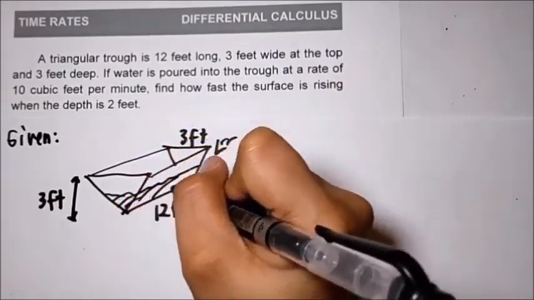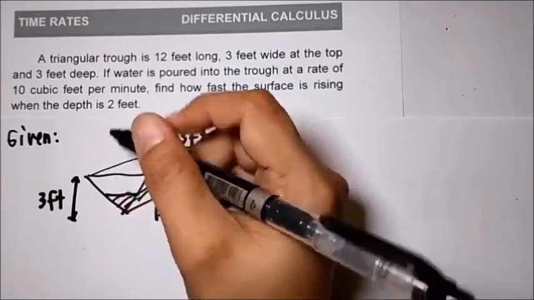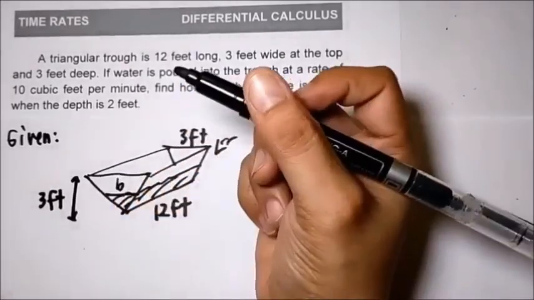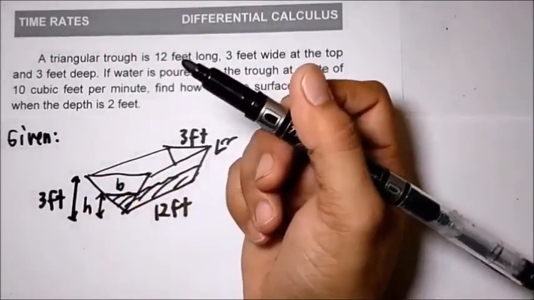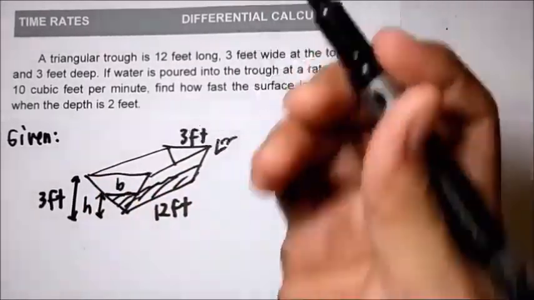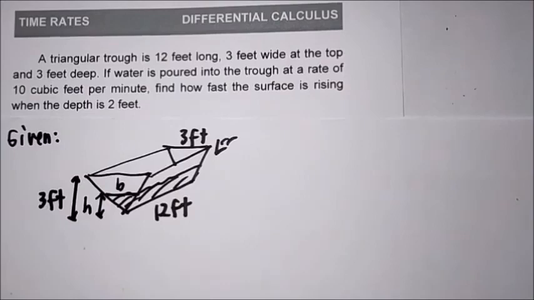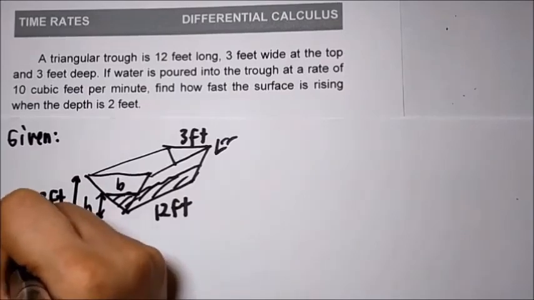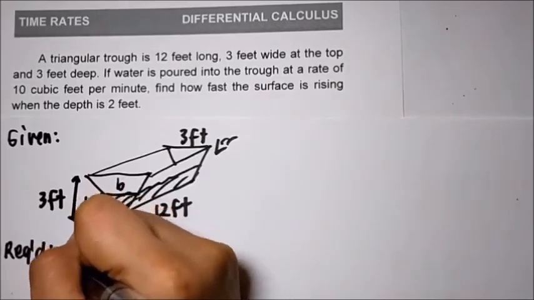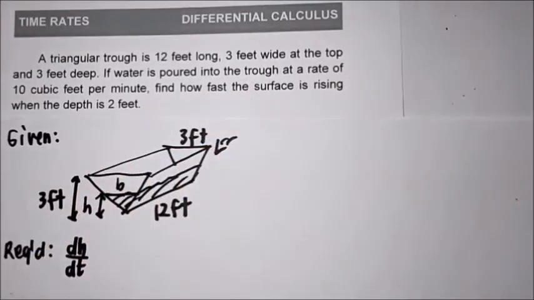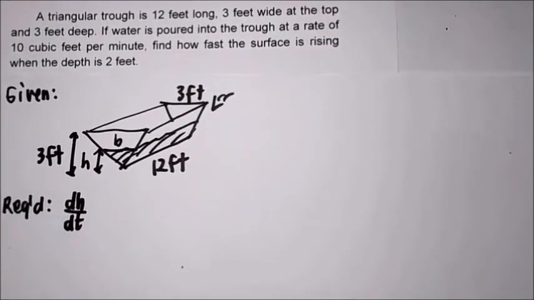And then we have to identify this. We don't know this one. Let's designate that as B. That would be the base. And the height of the water is H. So how fast is the surface rising? We need to solve for dH over dt. The rate of the volume is given, so we will be using the formula for the volume.